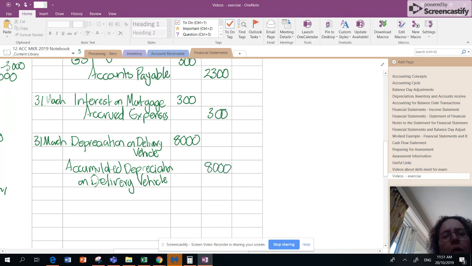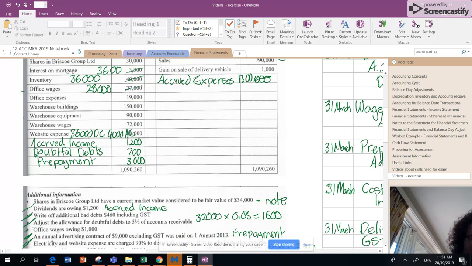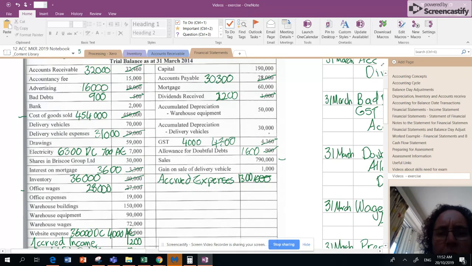So on our trial balance, we would create a new expense called depreciation on delivery vehicle. And that would be 8,000, and we'll add 8,000 to this, so we'll get 38,000 for our accumulated depreciation.